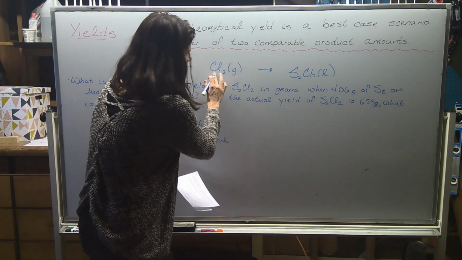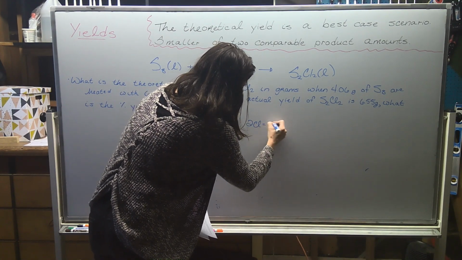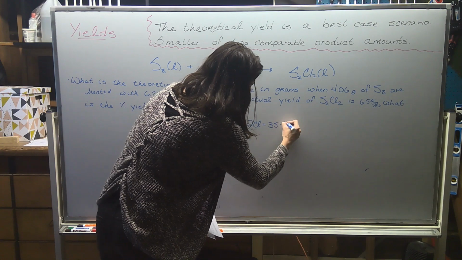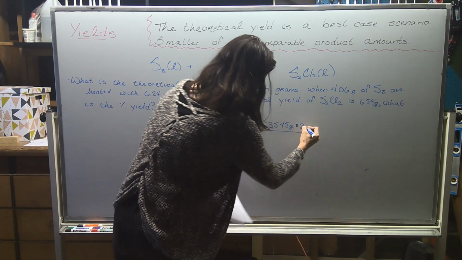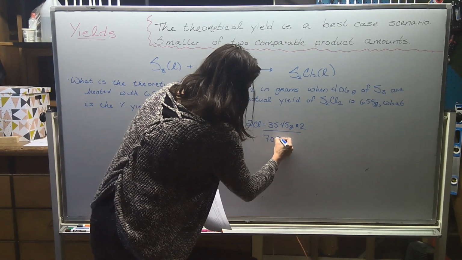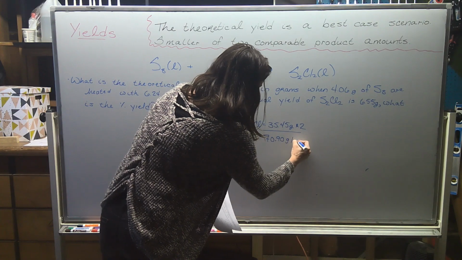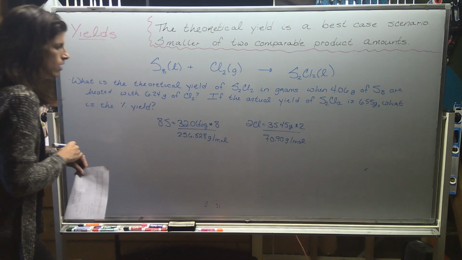We have diatomic chlorine, so I'm going to do 2 chlorines. Each one of them individually is 35.45 grams. So I need to multiply that by 2, and I get 70.90 grams per mole for the chlorine gas. And then the last one, S2Cl2.